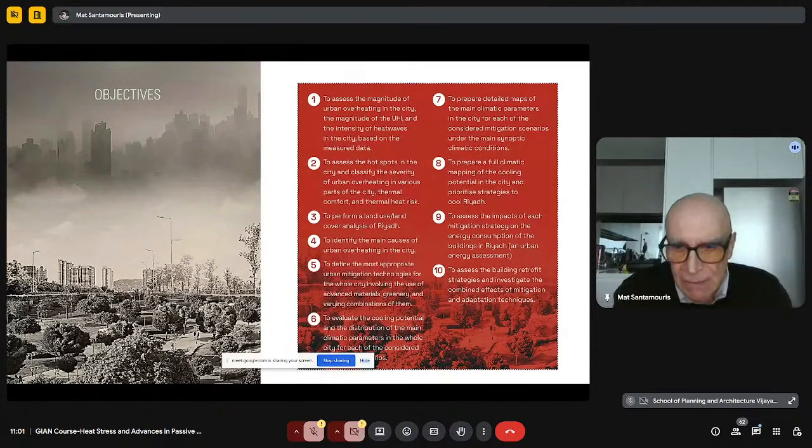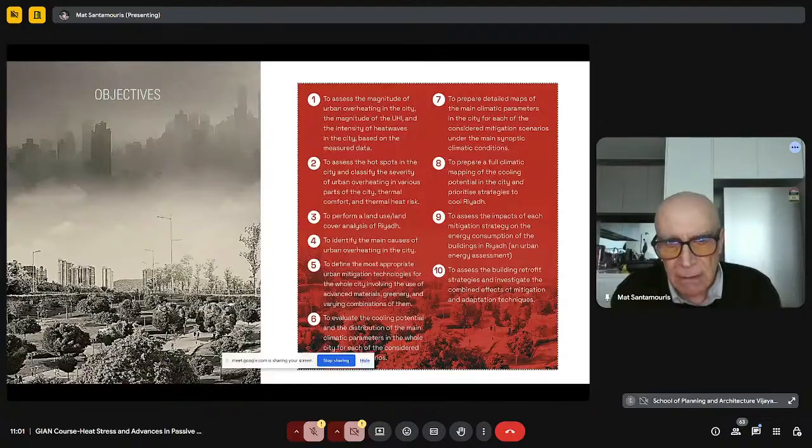Once we understand what's happening in the city, the most important thing is to define the most appropriate heat mitigation technologies for the whole city, using advanced technologies. These advanced technologies have to do with the use of materials, greenery, and different other combinations.